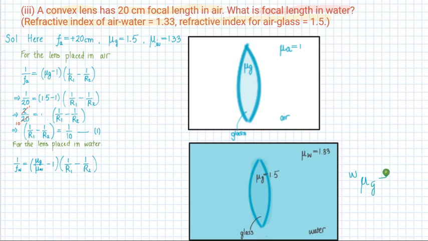So if I have to write this in terms of refractive index, it will be written as the refractive index of glass upon the refractive index of water. Using this formula.